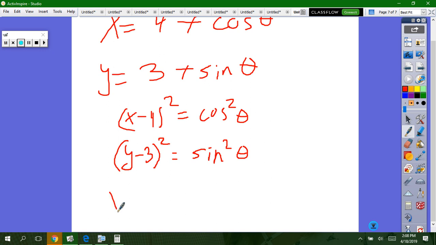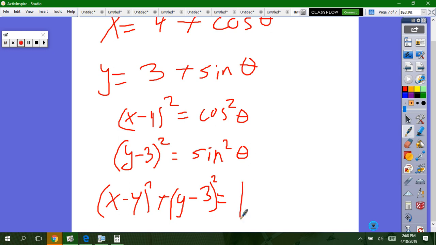So when we add these together, now you might have to subtract these or you might have to do some other things. If you subtract it, it'll become a hyperbola. And here's our graph.